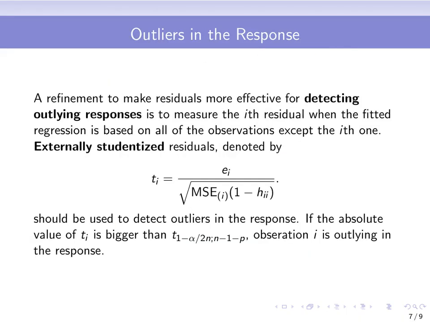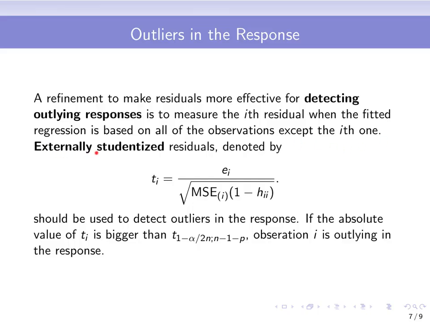Given the fact that the residuals don't exactly have constant variance, we have to make a refinement to residuals to make them more effective for detecting outlying responses. Basically what we do is we measure the residual of that observation when the fitted regression is based on all the observations except that particular observation.